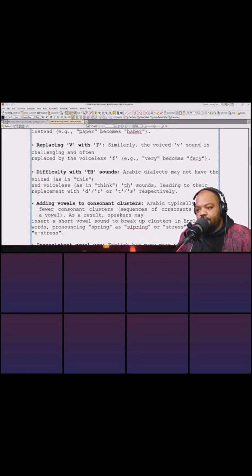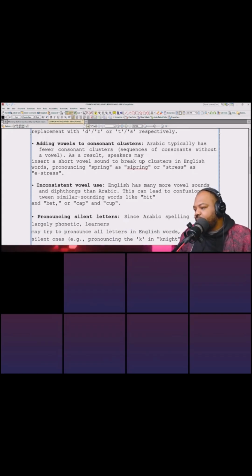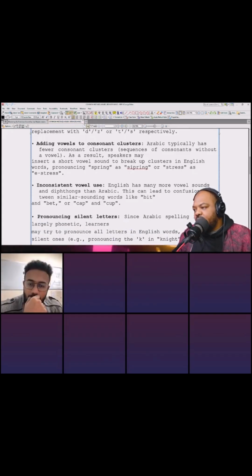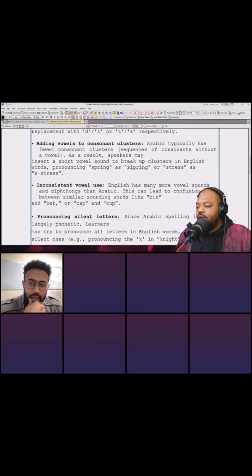Okay. Let's continue. We have the S sound when it comes to certain clusters. Last time when we spoke about the S, we mentioned that people usually say ES, like the Spanish es. Like the word Spanish in Spanish is español. We have an issue where we also do that ES sound, which we have to stop, obviously.